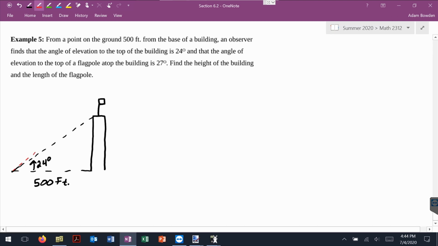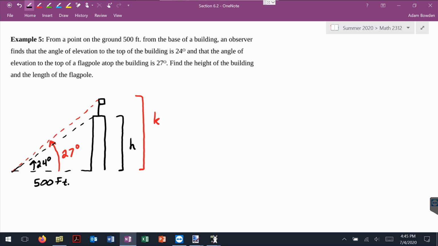And then we measure the angle of elevation up to the top of the flagpole, and that's 27 degrees. Starting off with the height of the building, call that h. And then we'll look at the building and the flagpole together, and we'll call that k. So the first thing I'm going to do is find h.